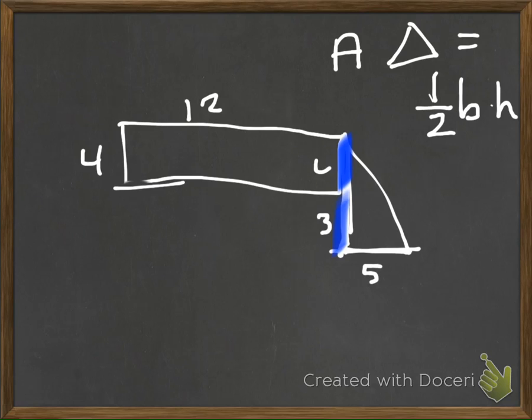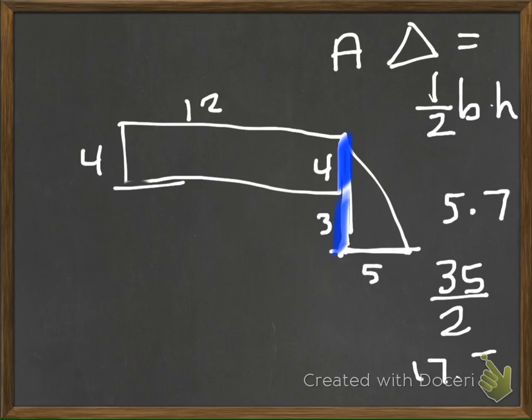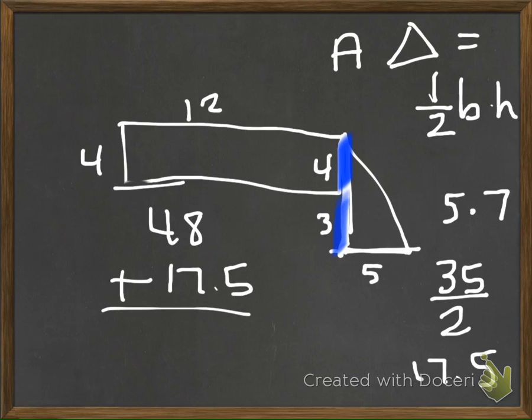So that is actually 4. So our height is actually 7 times our base of 5 is 35, divided by 2 is 17.5. Then we add that to our area of our rectangle, which we said was 48. We add 17 and 5/10 to it to give us a total of 65 and 5/10.